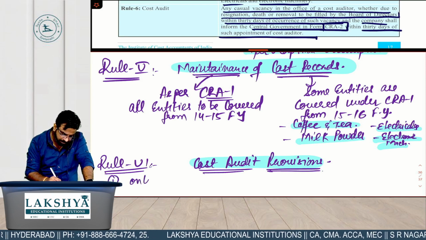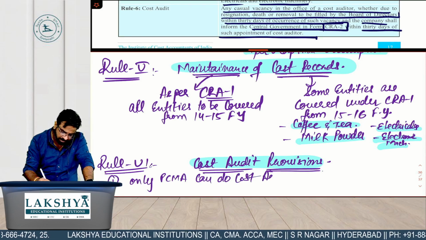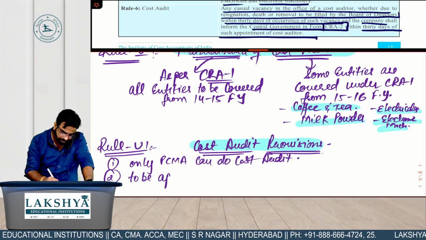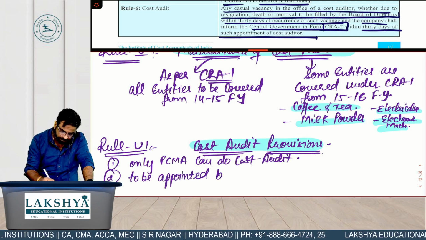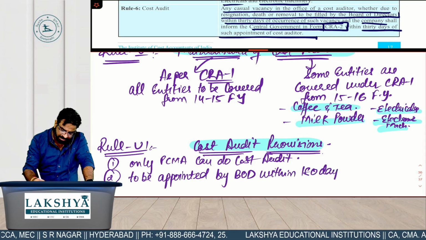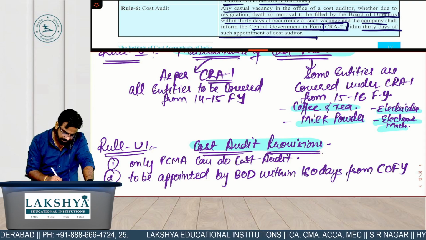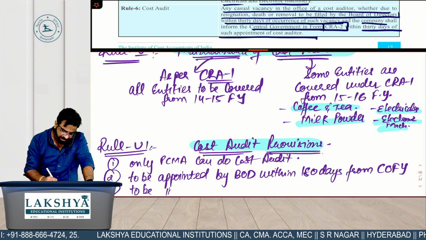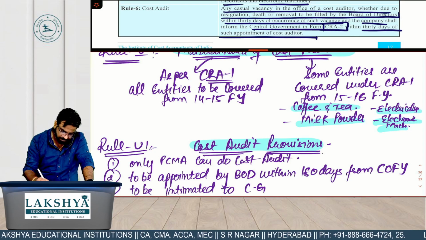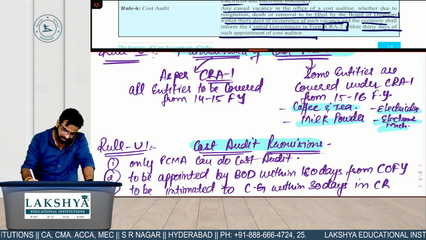Point number 1, only PCMA can do cost audit, to be appointed by BOD within 180 days from commencement of financial year, to be intimated to CG within 30 days in CRA 2.